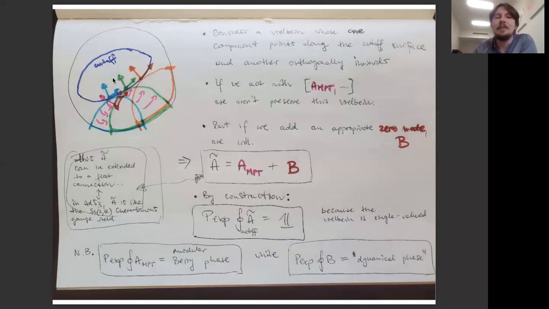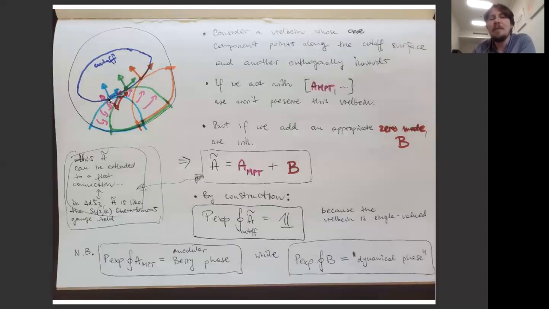So that's a starting point. Imagine that I found a vielbein which happened to take these values locally around the RT surface. Now if I think of the action of A in the bulk as this vector field, that vector field certainly doesn't preserve this vielbein configuration.